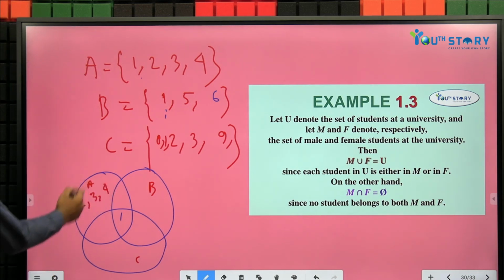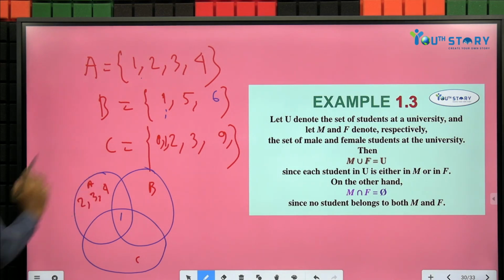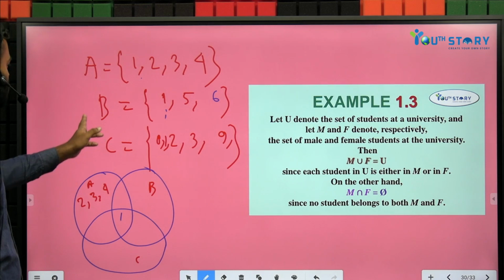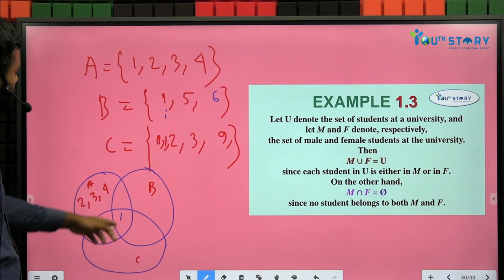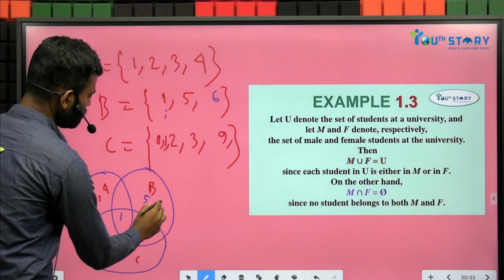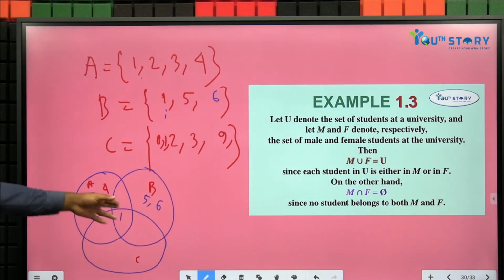So this is set A consisting of 1, 2, 3, 4. If we try to draw set B, then B will be 1, 5, 6, and these members will be placed here.